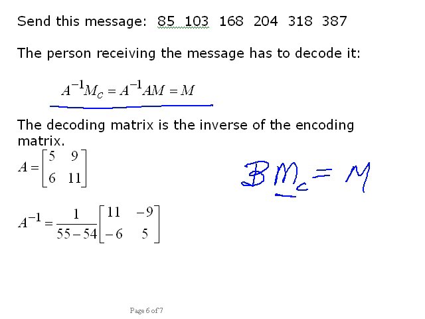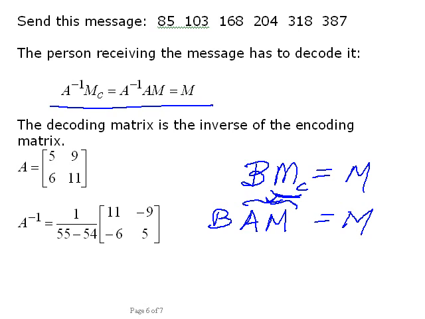But what is the coded matrix? It's the encoding matrix times my original matrix, and I want that to be my original matrix. Remember, to get the coded matrix I multiplied my message by A, the encoding matrix.